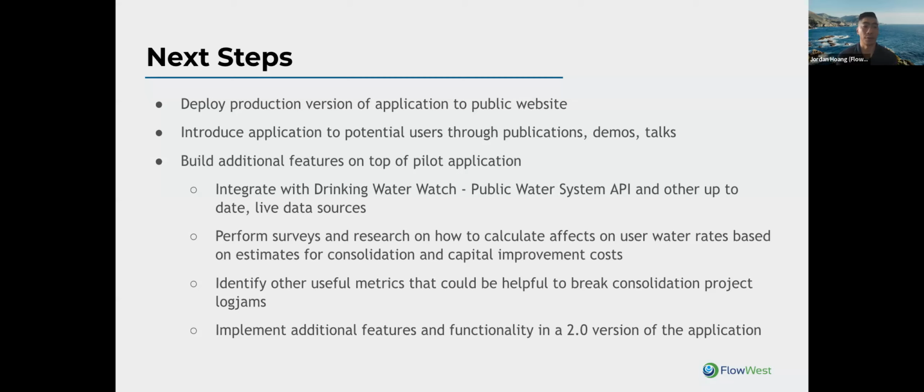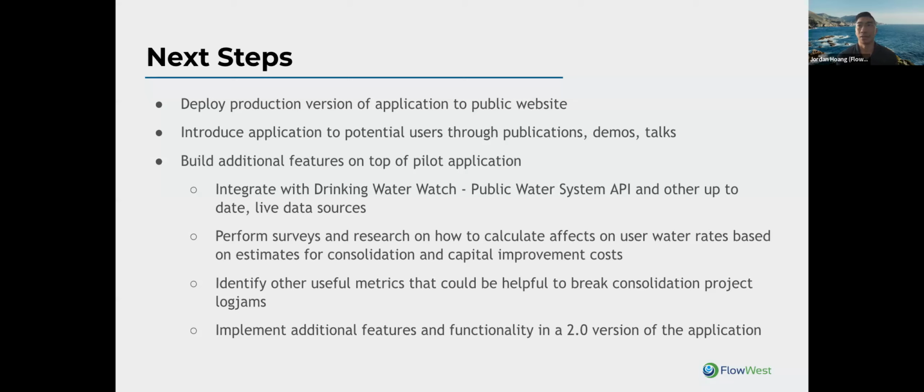And then a huge piece of feedback that we've gotten each time we've demoed this is figuring out water rates, and how our costs can be used to at least have a ballpark estimate of how it's going to affect water rates.